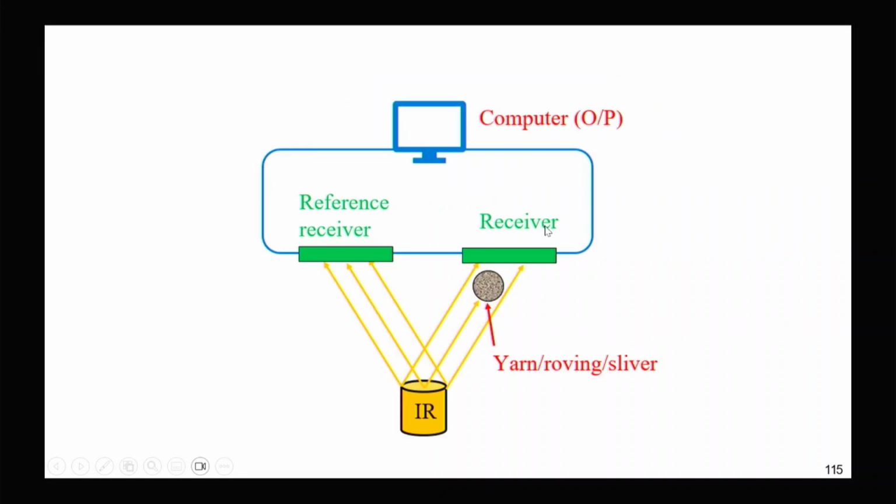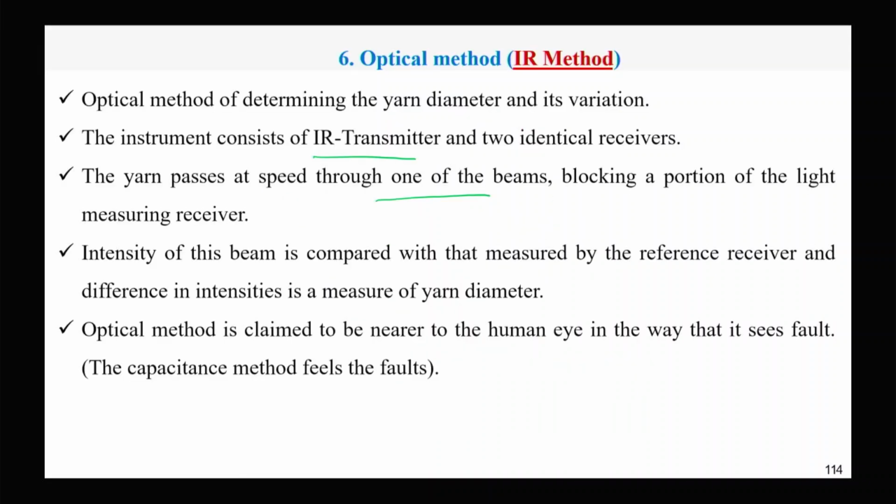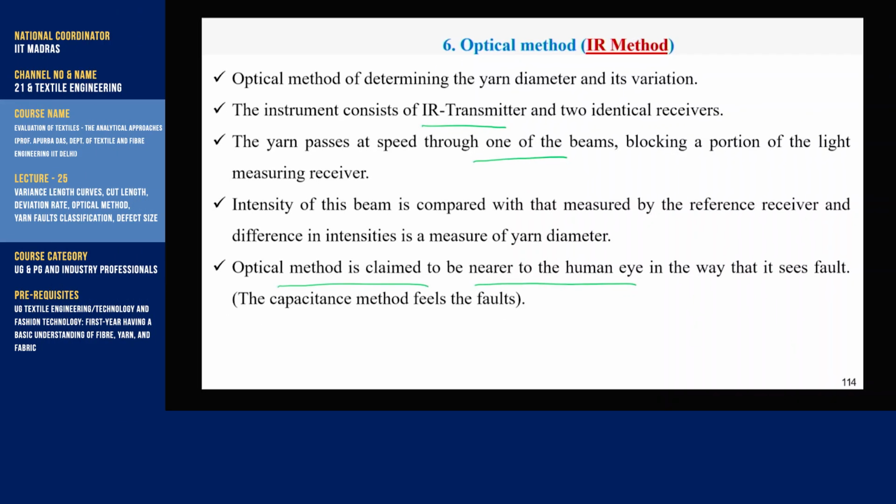There will be two identical receivers, and the intensity at the reference receiver is compared with the other receiver, and we can get the variability in yarn diameter. So the optical method is claimed to be nearer to the human eye, obviously, because it measures the difference in diameter, the variability in diameter.